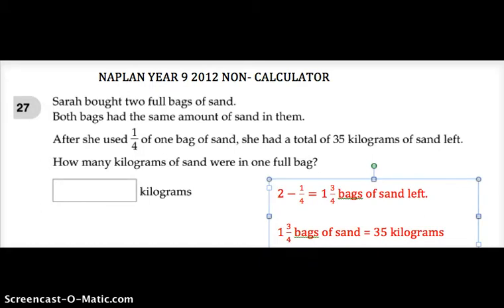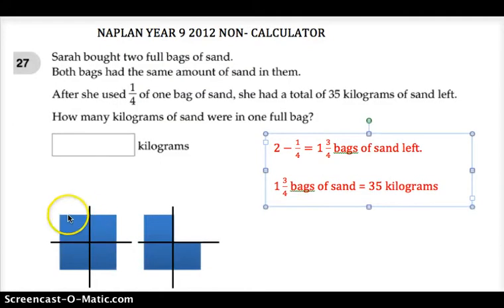So I'm going to actually draw that up. So I've got 1 full bag of sand here, and I've got another 3/4 of a bag of sand there. So what I've done, I've broken this bag of sand up into quarters, and this one into quarters. We've got a full bag here, 4/4, and we've got 3/4 here.